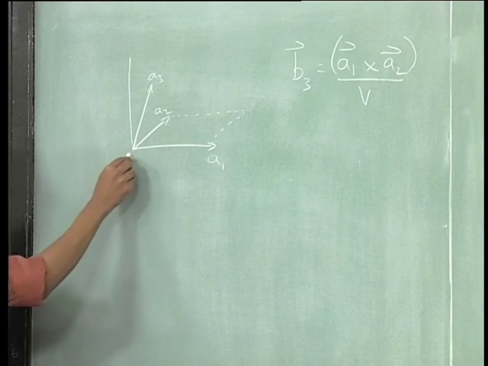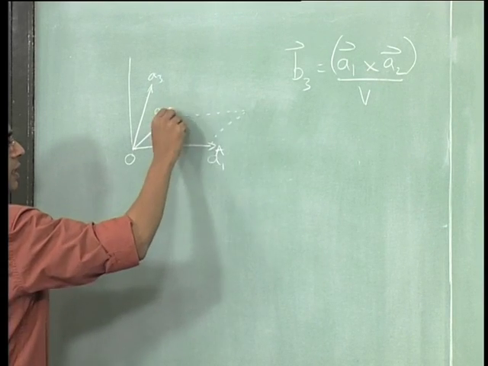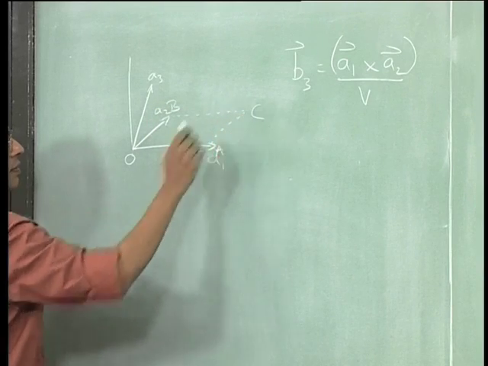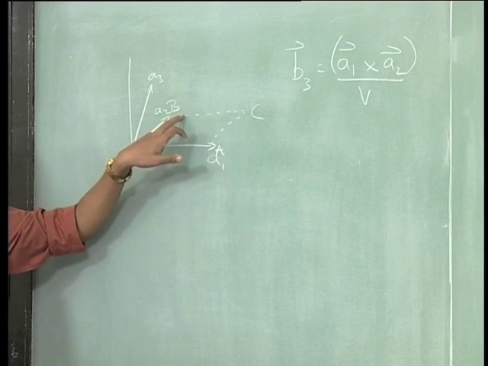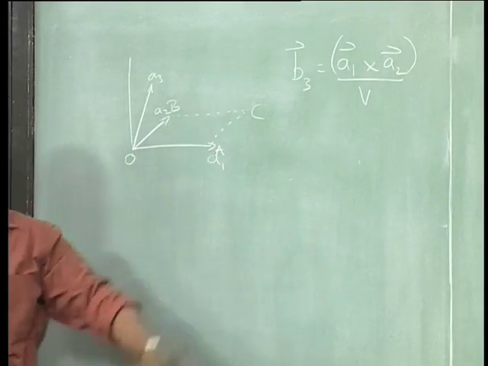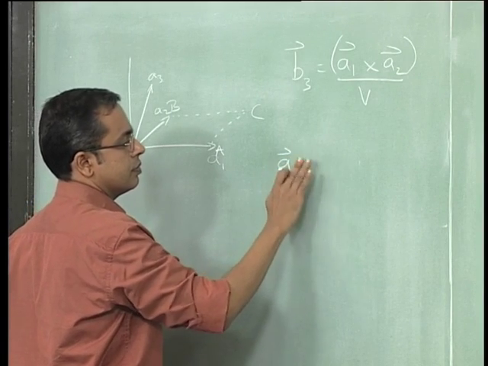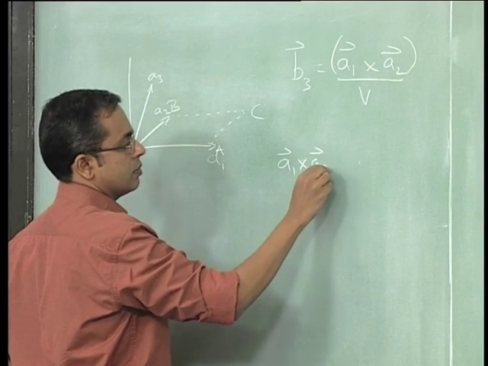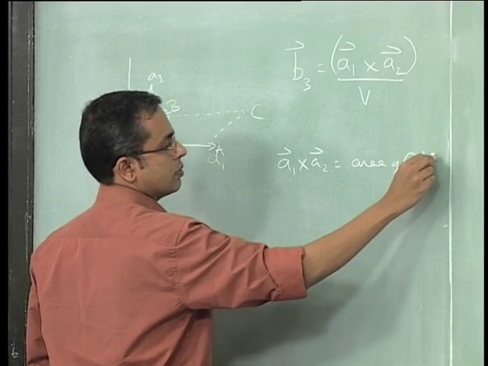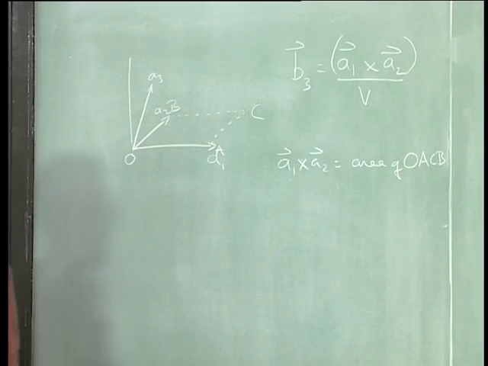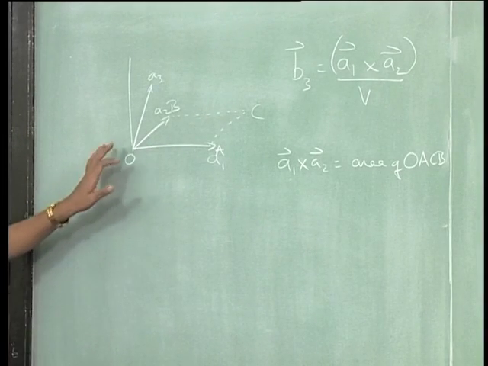If you write this as the origin O, this as A, let us say this is B and this is C, then the area of this parallelogram OACB is what is given by A1 cross A2.